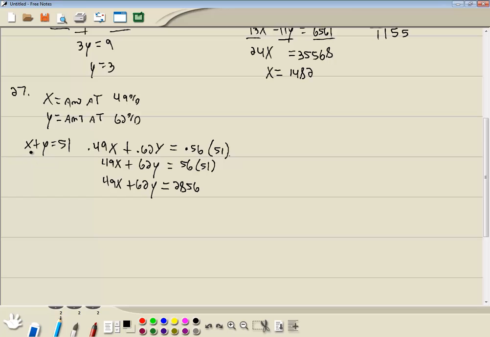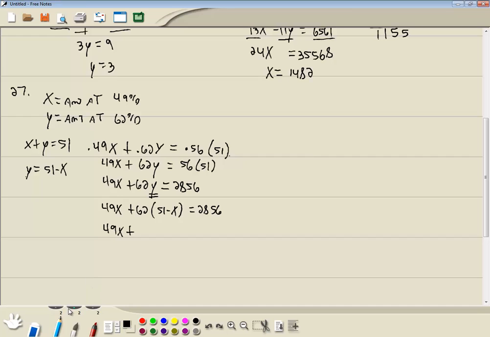I guess I'll use substitution on this. That might be the easiest. On this one, I'll solve for y. So I'll take the x over. So you got y is equal to 51 minus x. Now I'm going to replace the y here with 51 minus x. So I got 49x plus 62 times 51 minus x equals 2856.